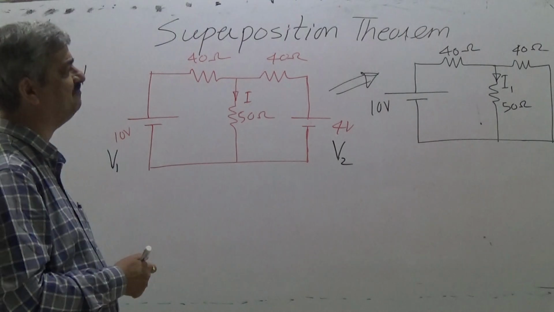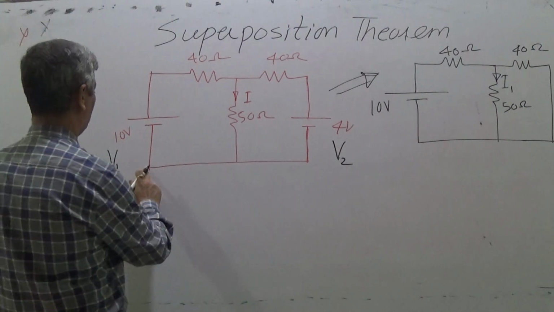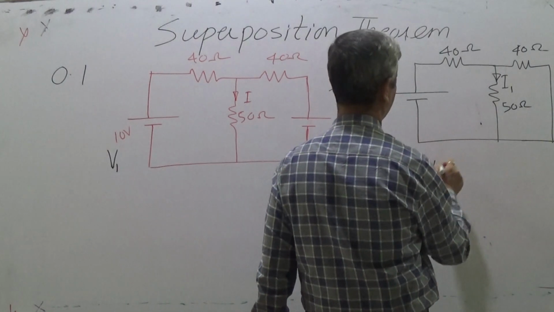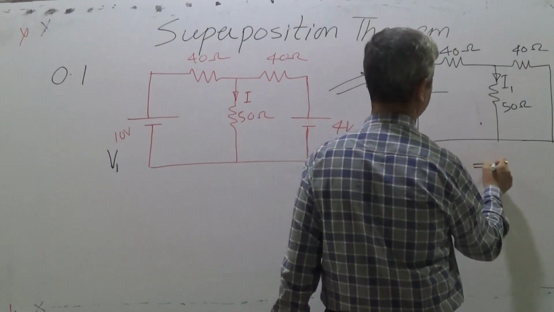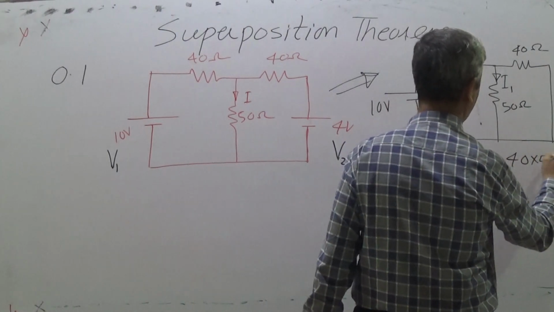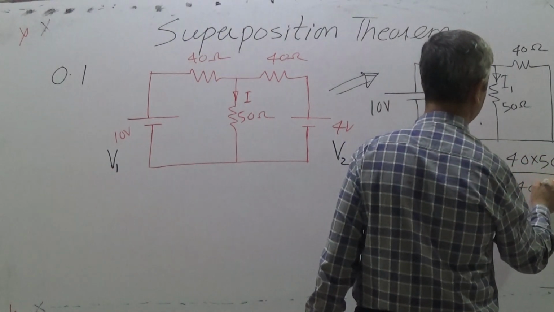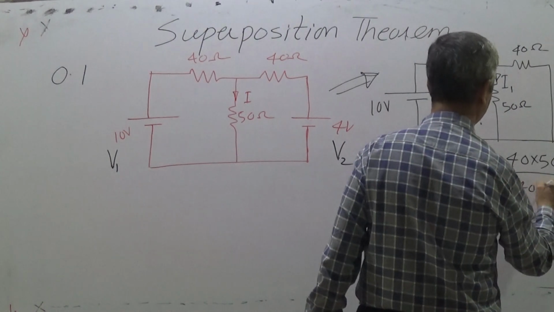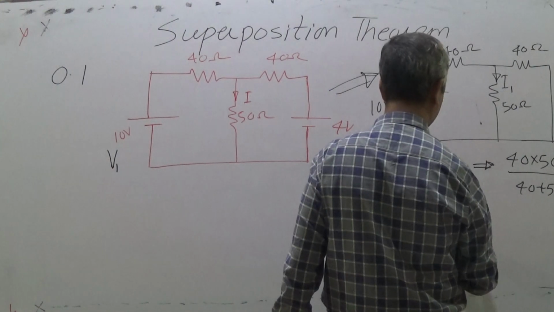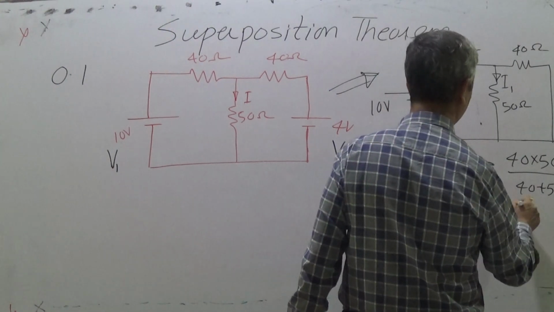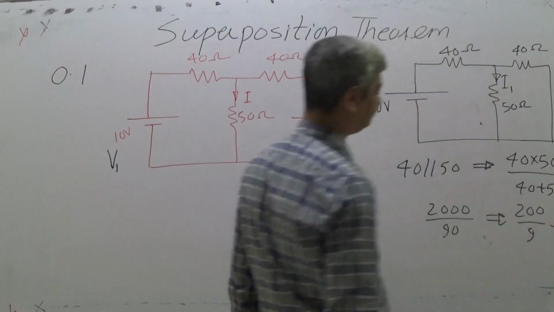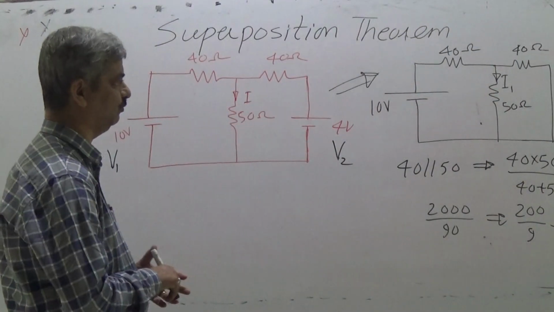So 40 parallel 50 resistance corresponds to simply 40 into 50 upon 40 plus 50. That is 2000 by 90, or 200 by 9 ohms.